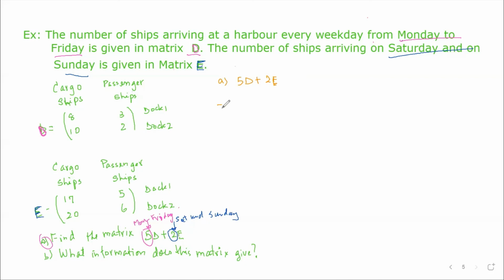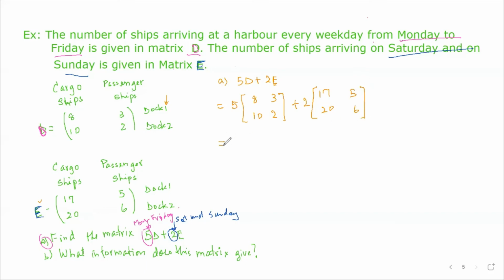You can write 5 outside the matrix first, and then you write matrix D, this one: 8, 3, 10, 2, and then plus 2, matrix E is what? This one, the blue color here: 7, 20, 17, 25, and then 6.